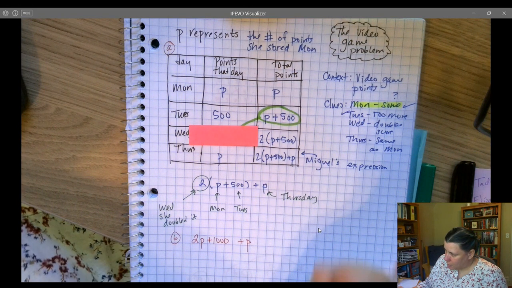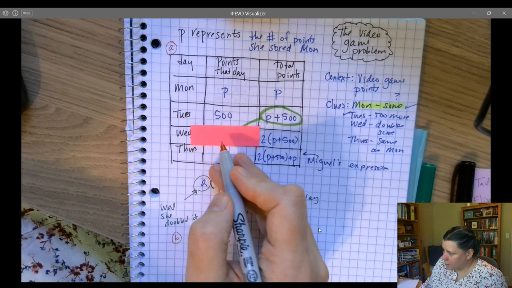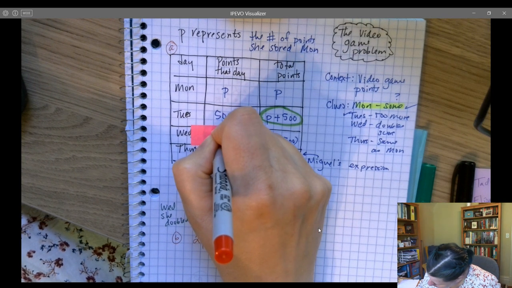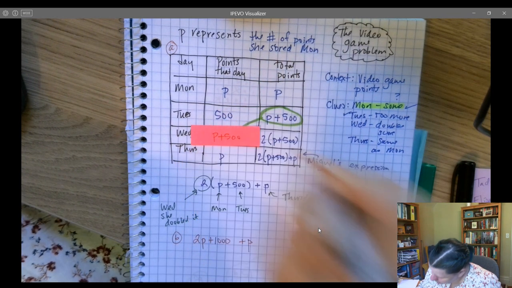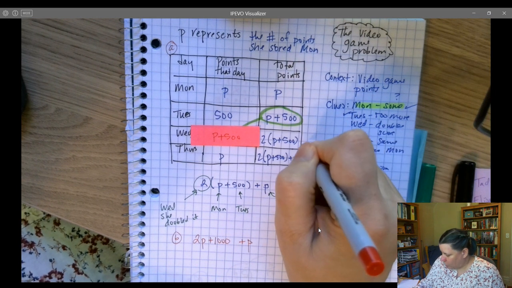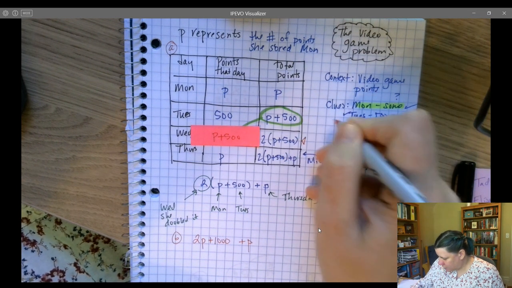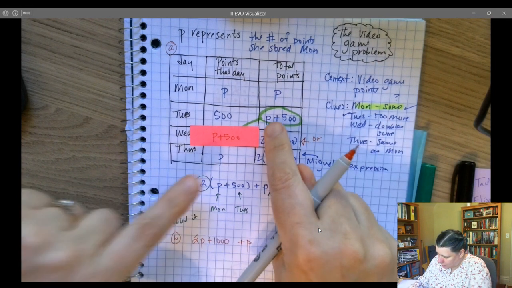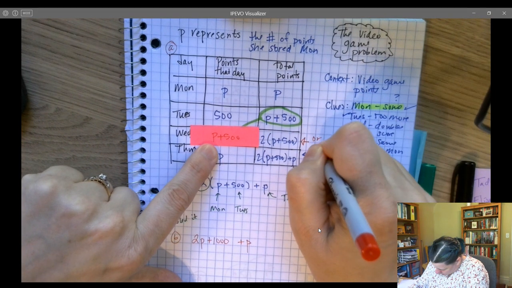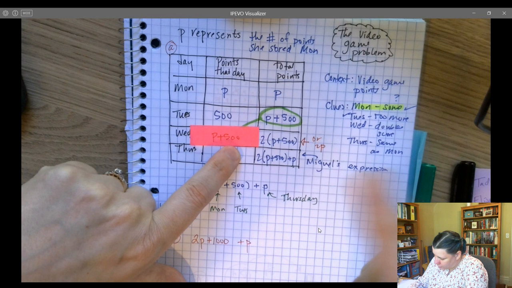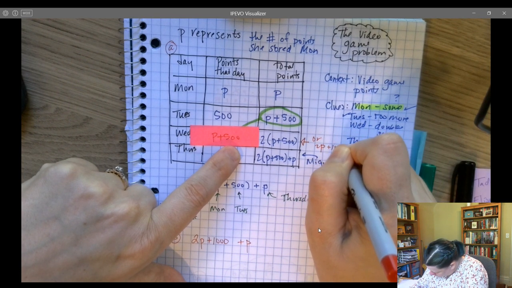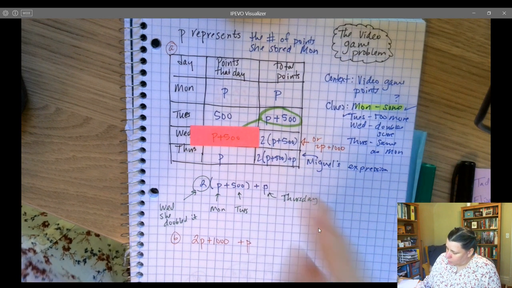Okay. So here on Wednesday, she doubled what she had. So she did another P plus 500 points here. We could have, if we'd wanted to, said P plus P is 2P. 500 and 500 is 1,000. Okay, which is equivalent to this.